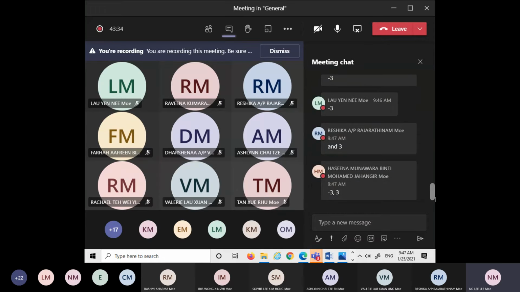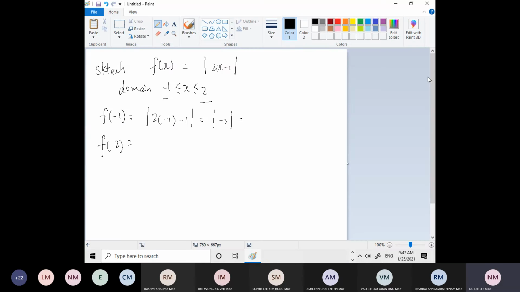After the modulus, it will change anything negative into positive, so it will become 3. If you follow the definition, if this is negative, you have to put the negative of -3, then it will come to 3. In another way, whatever is inside the modulus, if negative, you have to change into positive. Therefore, the answer is 3.